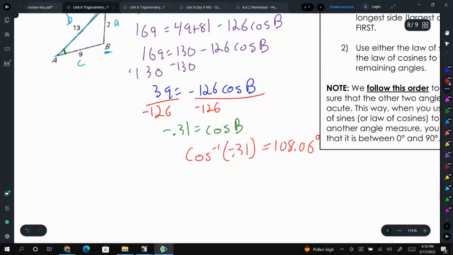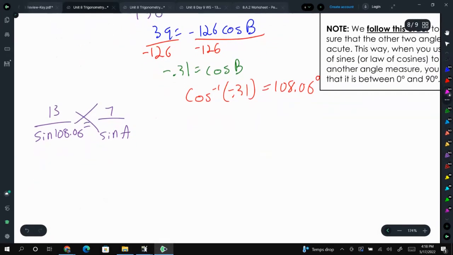So we're going to do 13 over sine of 108.06 equals 7 over the sine of A. And then we'll cross multiply like we did on the previous problem. So we get 7 times the sine of 108.06 equals 13 times the sine of A. Divide both sides by 13.